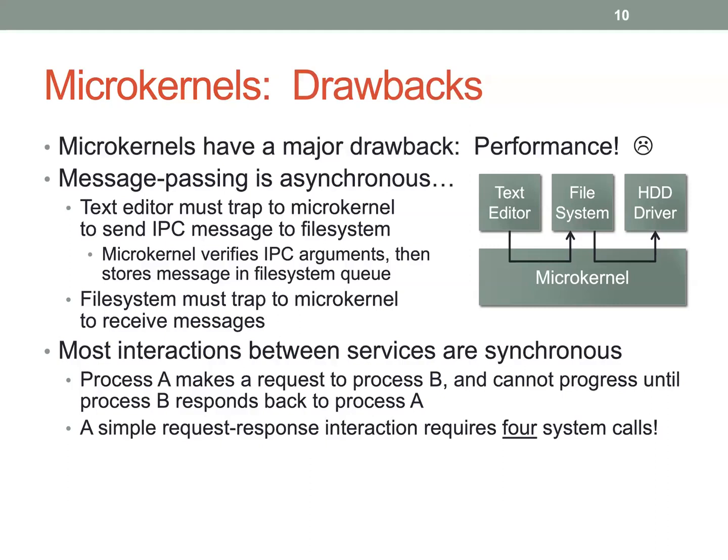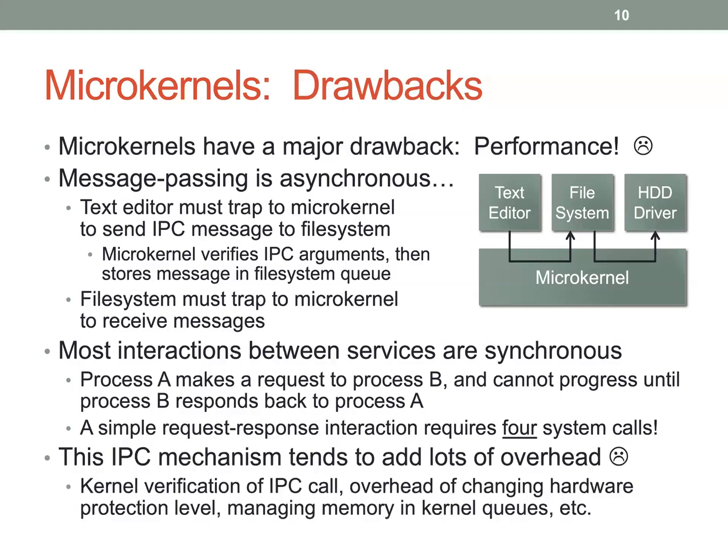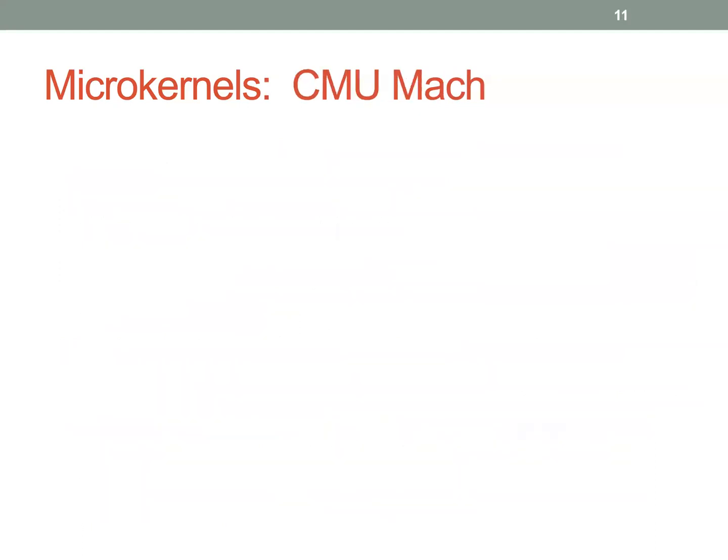That's a drag. Literally, it's a drag on performance. And so all of the other aspects of this abstraction also can become rather expensive. And I'll show you, when we talk about Mach, you can start to see some of the details of how this inter-process communication mechanism, as generalized as it is, adds a huge amount of overhead to the implementation.